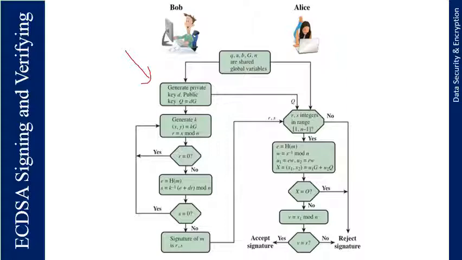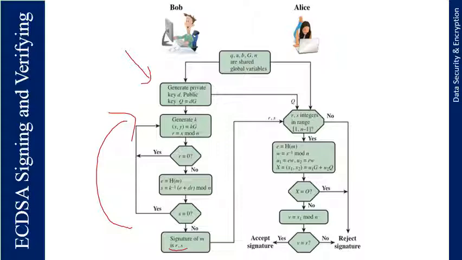Then the sender generates the K value and an X, Y pair and generates an R value by taking X mod N. If the signature is 0, the process is repeated, and if it is not, S is formed using a hash function on the input message. And if it is 0, then the entire process is repeated again. If it is not, the signature of M is referred to as R, S. And this signature is transferred along with the public key and the message M.